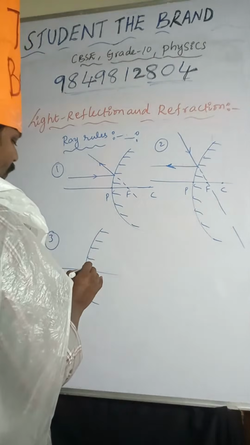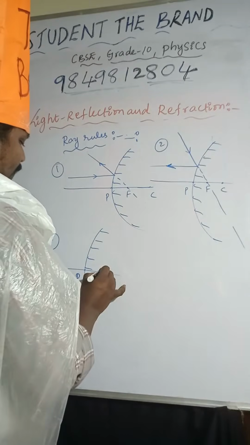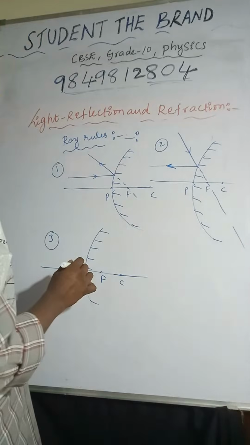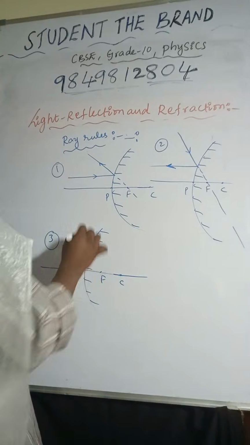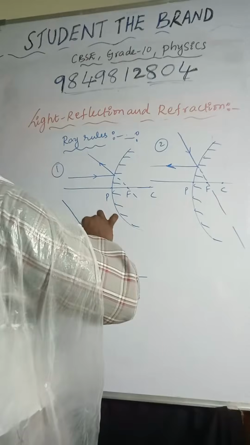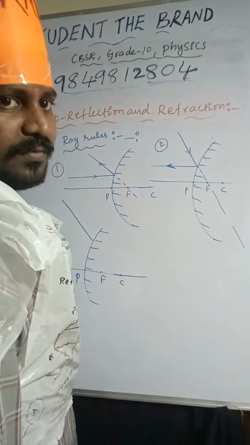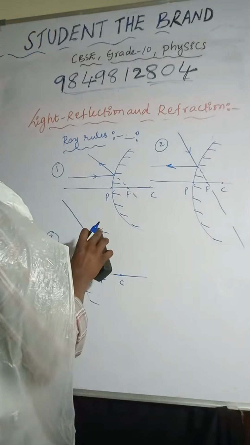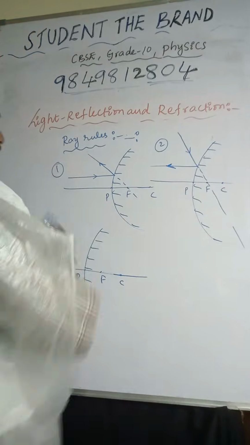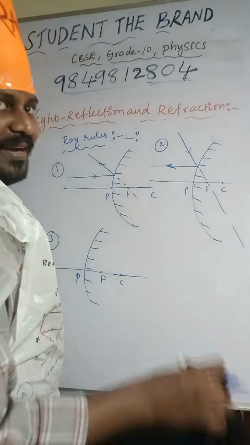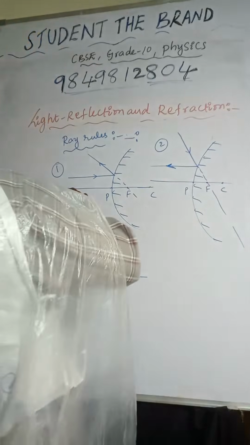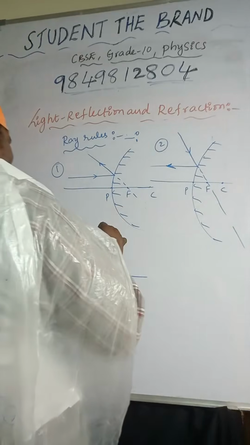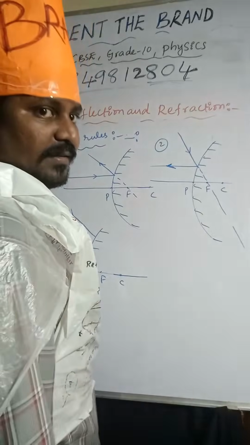Next one. So pole, focus, center of curvature. The light ray is passing through focus. So this is a center of curvature, it passes through focus.